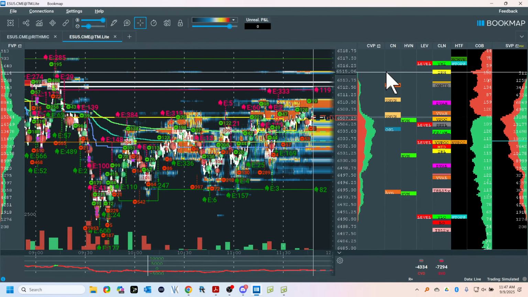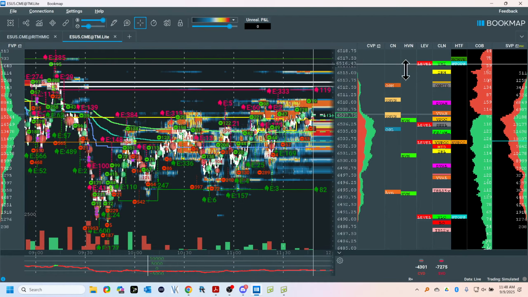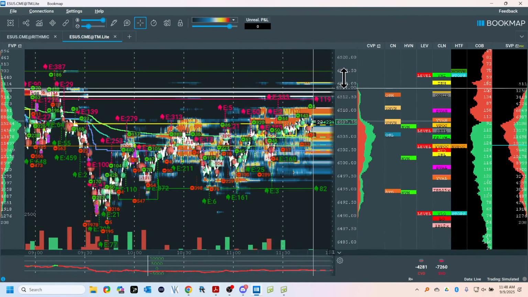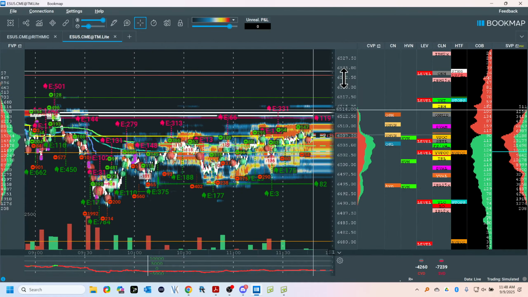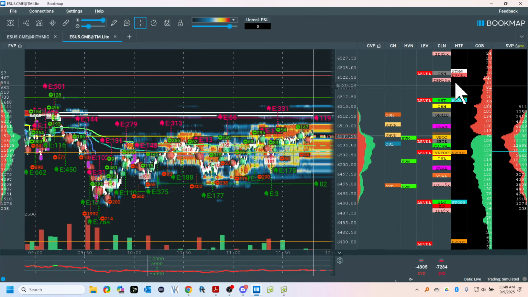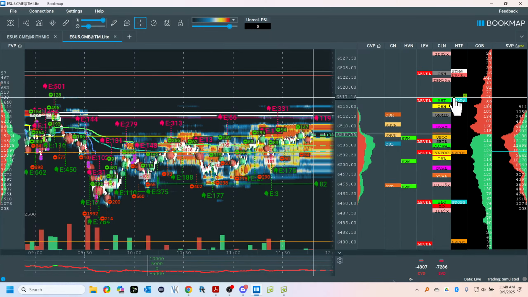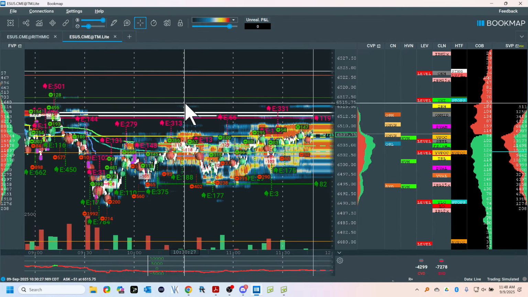So the shorts have their buy stops here, and we could come up and still take that out. There's a 30% probability-ish that we take out the first hour's high and low. So it's 30%-ish, could be 29, don't hold me to it. And then we still have the low volume zone to come up in here. And we don't have to. So that's just another possibility.